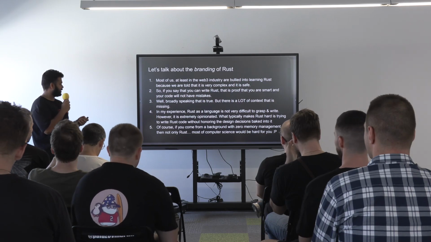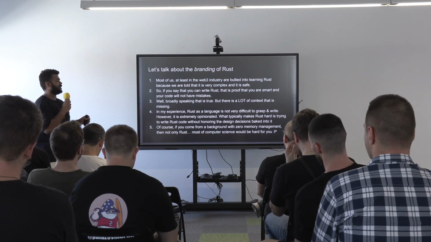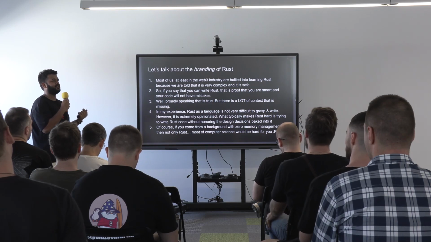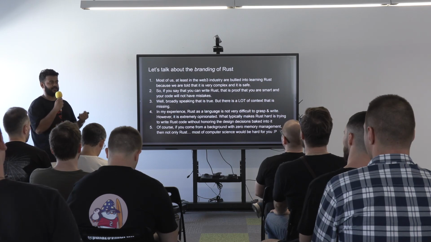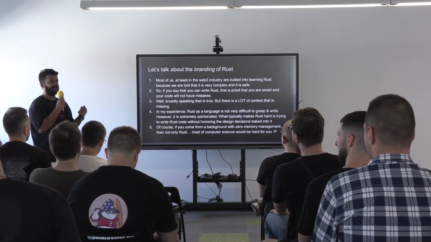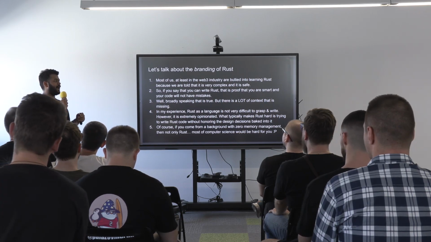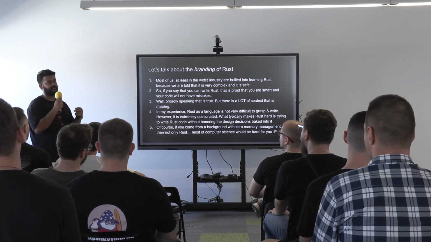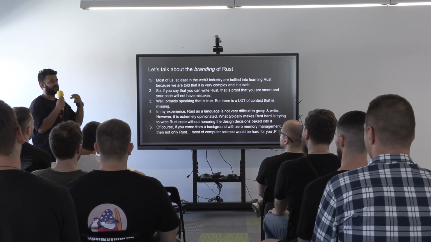What is the context? In my limited experience, Rust as a language is not very difficult to grasp and write. To understand what Rust is trying to do and to write in Rust is not very difficult. However, it is extremely opinionated. Rust wants you to do things in a Rusty way, and the difficulty comes up when you do not try to understand that Rust way and try to write things your own way.